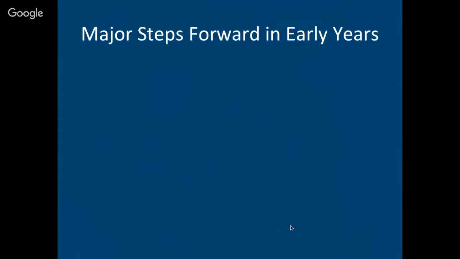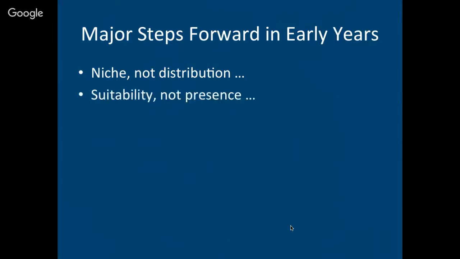Let's think about what was achieved in those early years. Well, certainly one important step was the idea of talking about niche rather than distribution. That was an important difference in thinking, because if we think, as I certainly did when I started into this field, about predicting distributions, then models that are calibrated only in environmental dimensions will invariably overpredict distributional potential, because they're identifying the potential distribution, not the actual distribution.